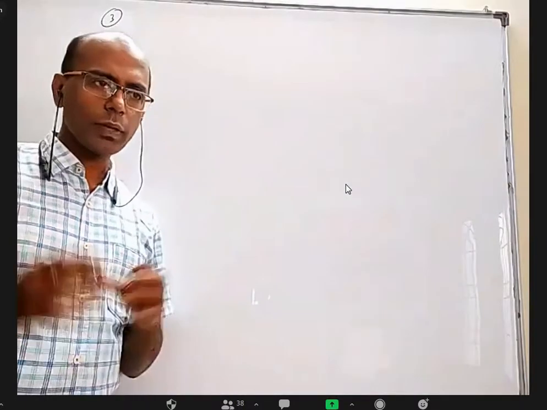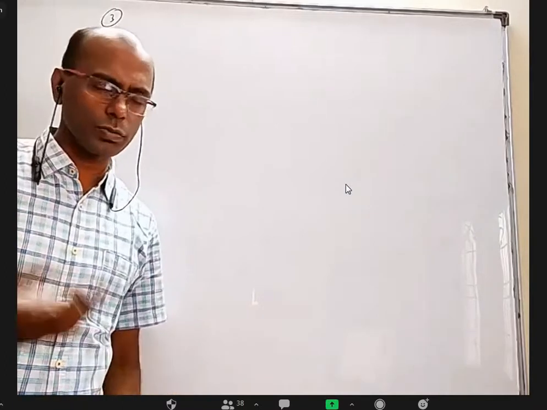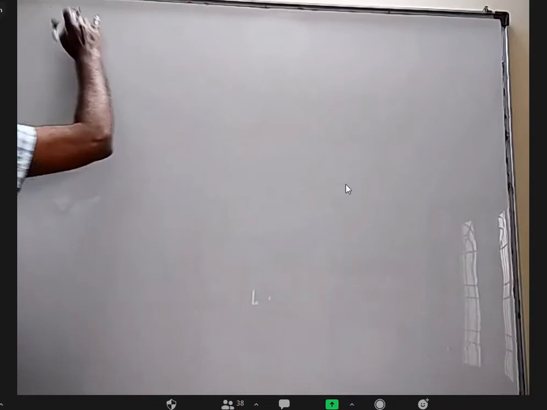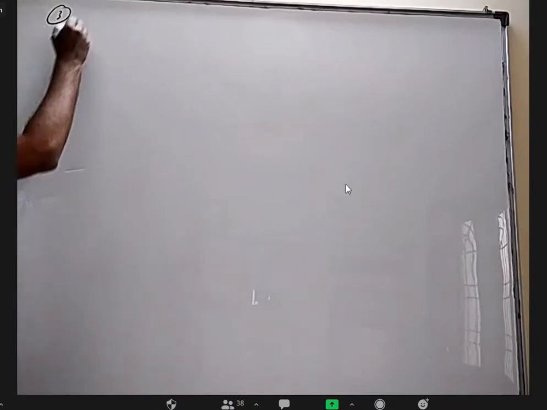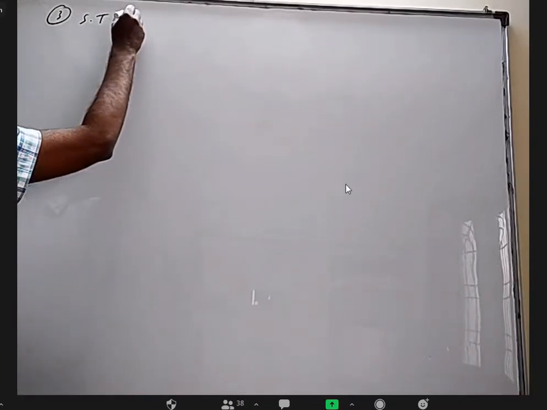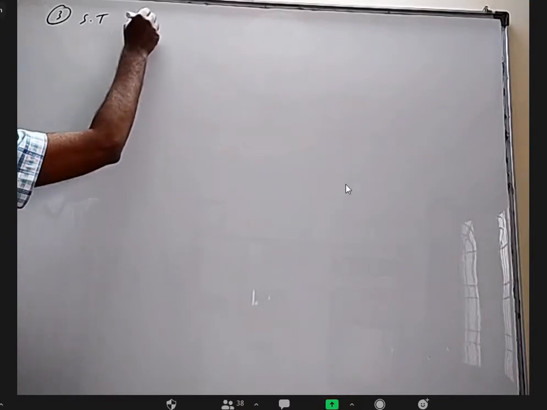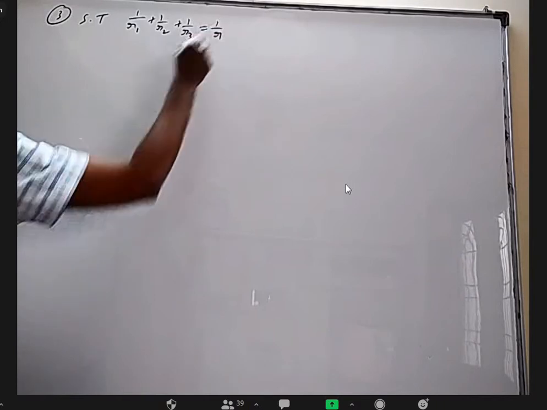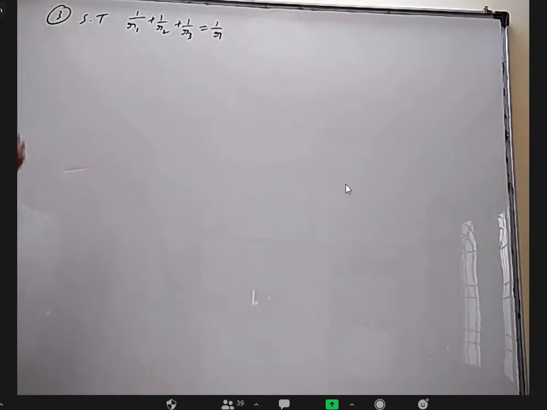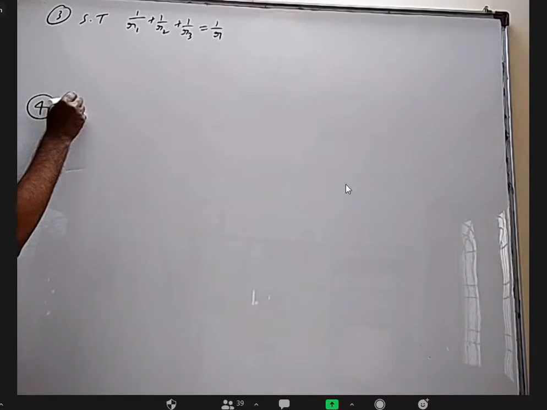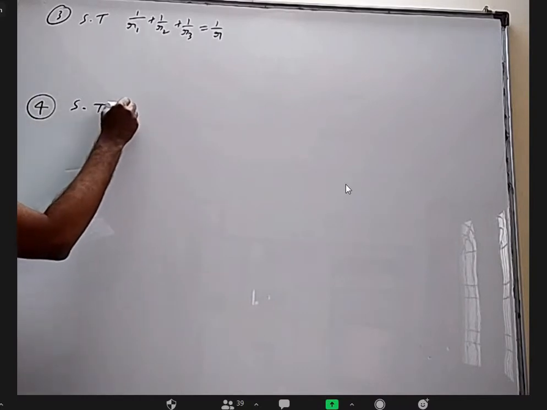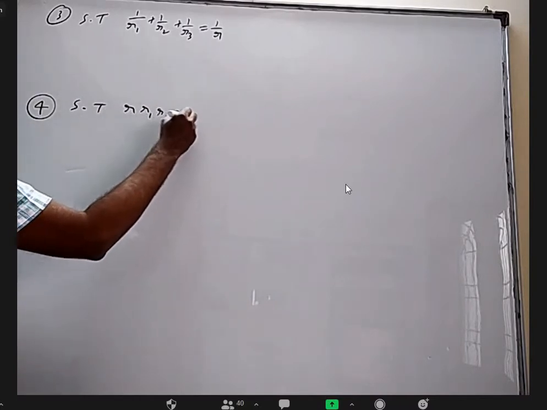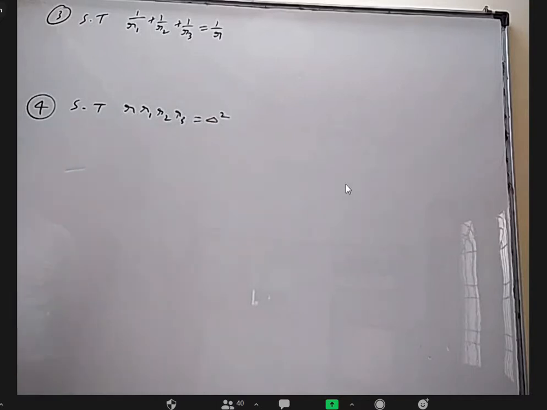Now, whatever I'm going to tell, there are questions in the beginning, but they can also be used as formulas later on also. Very simple questions. Show that 1 by R1 plus 1 by R2 plus 1 by R3 is equal to 1 by R. Show that R, R1, R2, R3 is equal to delta square.